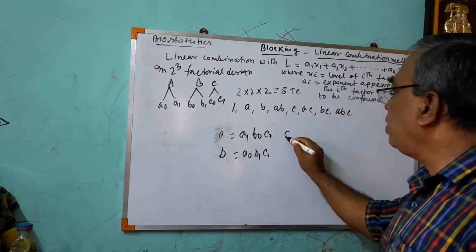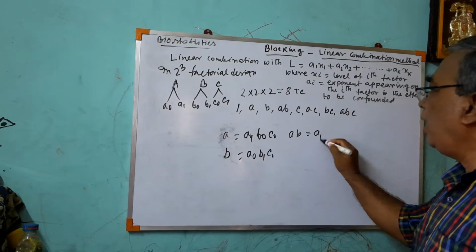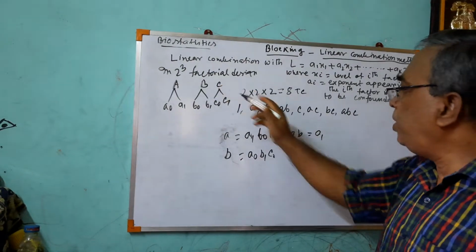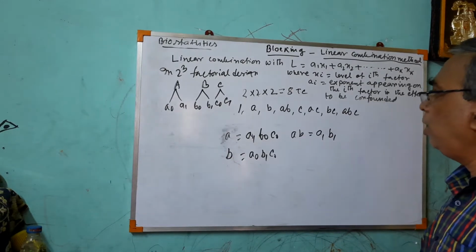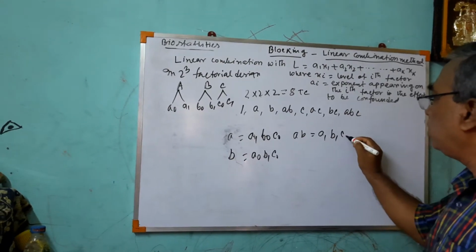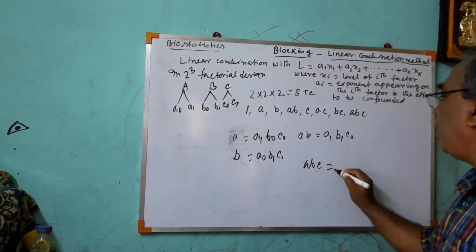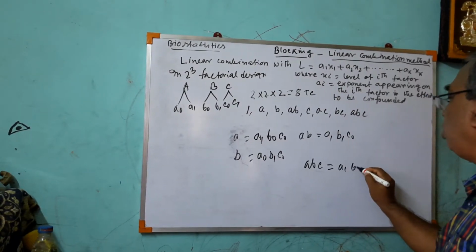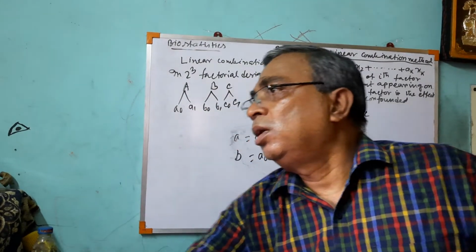Similarly, AB means A1, B1, and C0. And ABC means all at higher level, that is A1, B1, C1. So you know this.